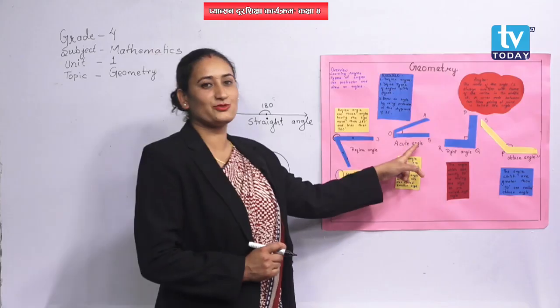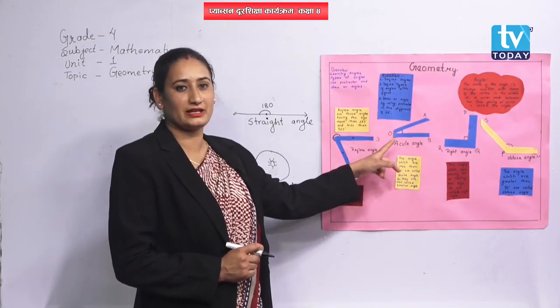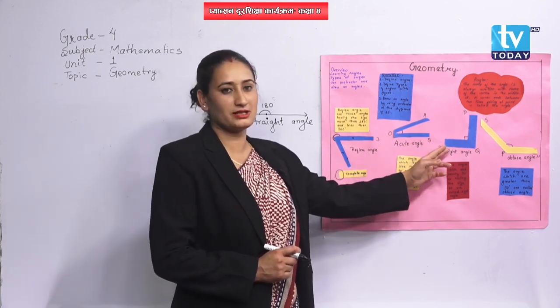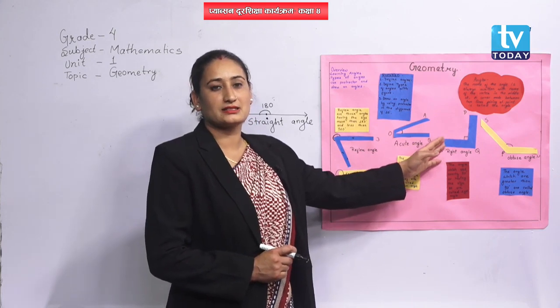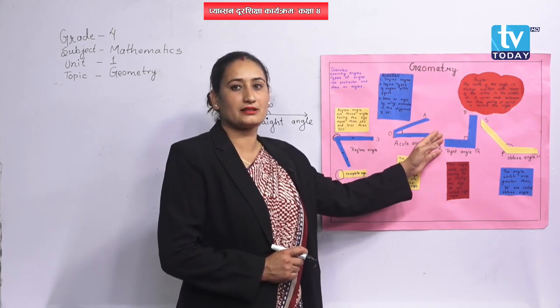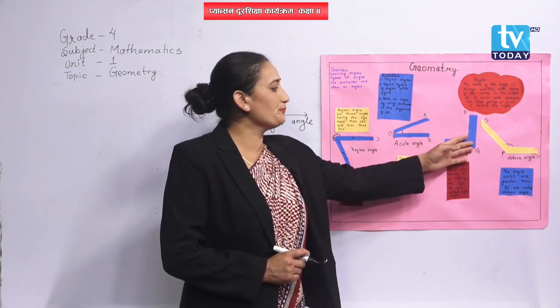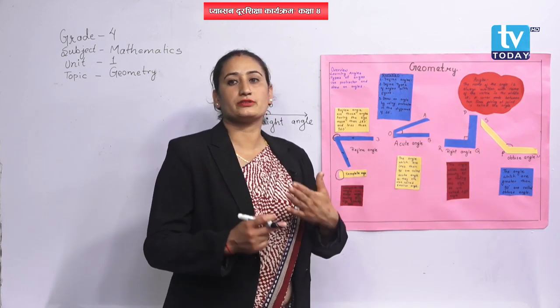Now, the first one is what? The first one is the acute angle, the smaller angle, right? The second one is the right angle. A right angle means having an L shape, or it's exactly 90 degrees. The third one is the obtuse angle.